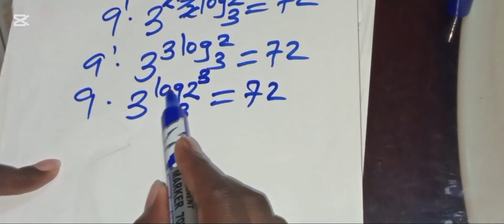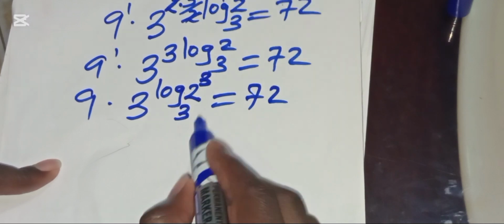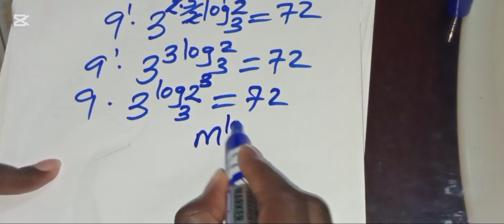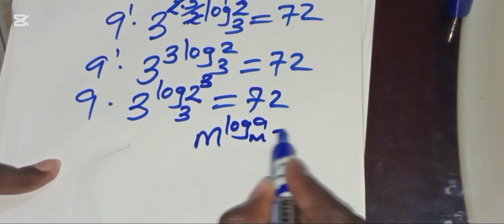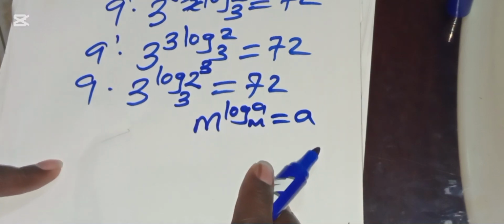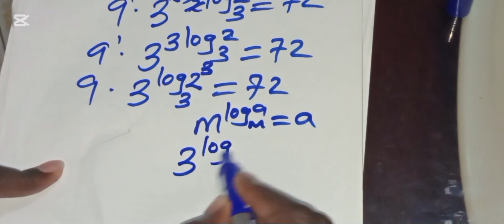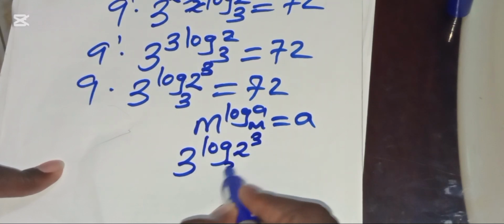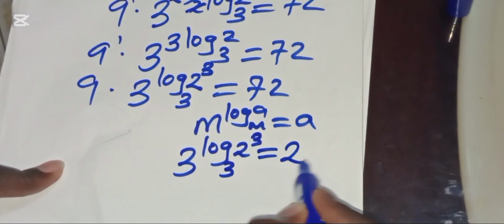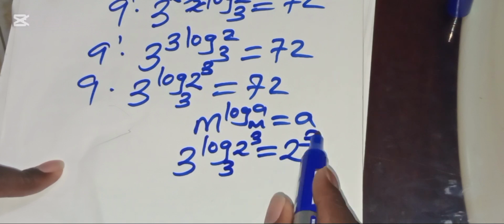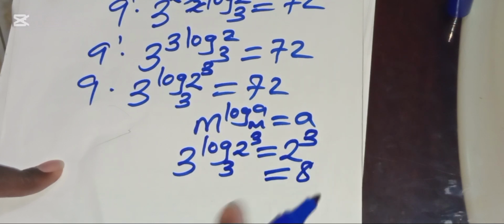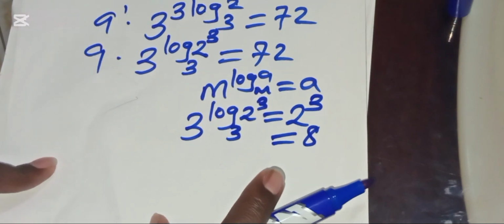Now, 3 raised to the power log 2 to the power 3 to base 3 is in the form of m raised to the power log a to base m, which is basically equal to a. So this is the same thing as 2 to the power 3, which is equal to 8. Let's substitute this back into the equation.